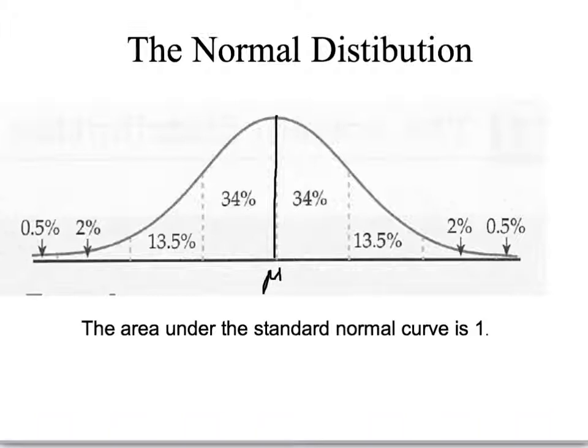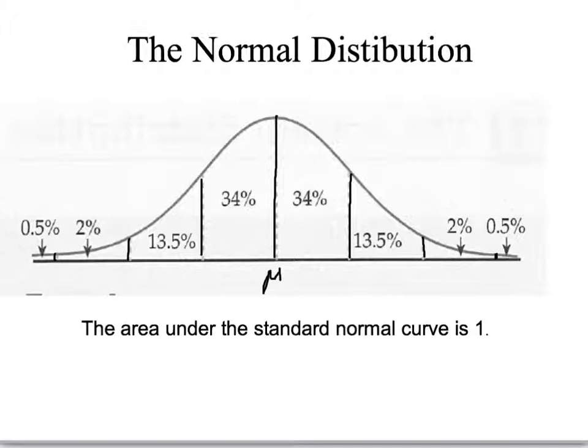That's always the middle value, the mean. It could also be the median. Then we divide the rest of our graph into 3 on each side, 1, 2, and 3. Each of these divisions we call a standard deviation. You can divide the other side into 3 also, 1, 2, 3, and those are standard deviations.